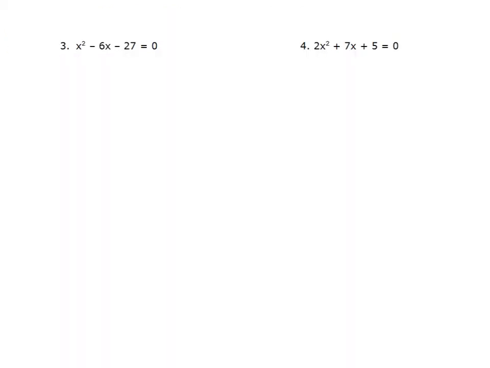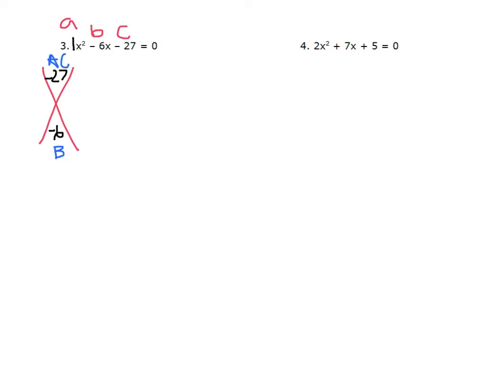Number 3, same concept. First, make sure you identify A, B, and C. There's my big X, so that's A times C up top plus B on the bottom. A times C is -27, because 1 times -27 is -27. B is -6.